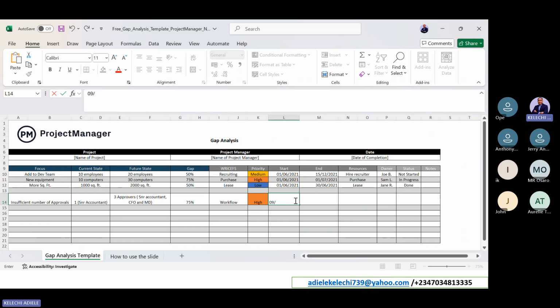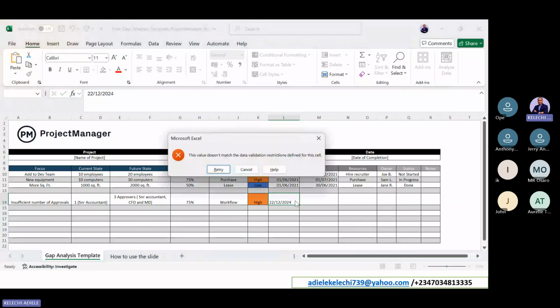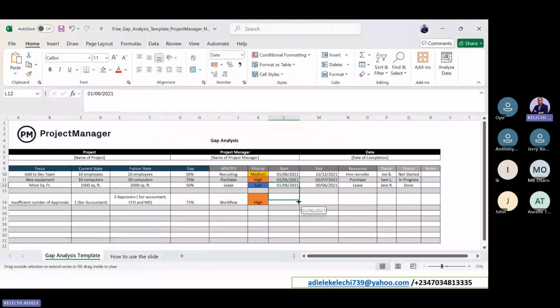You can say I hope to start on the 22nd. And when do you hope to end this? You can say plus 45 days. So this is when you want to end this.